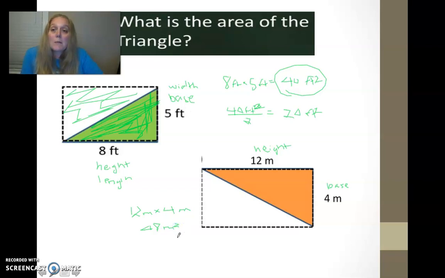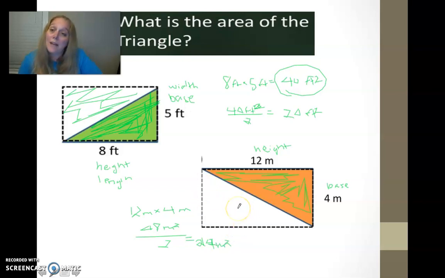So remember, keeping in mind that's the area of the rectangle, that's not the area of the right triangle. To find the area of just the right triangle, we're going to have to take that area of the rectangle and split it in half. So 48 divided by 2 is 24 meters squared.